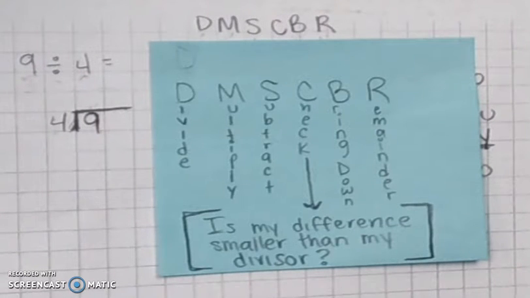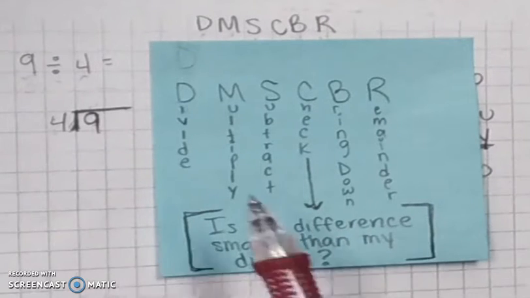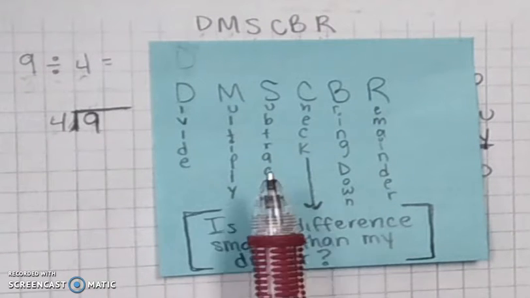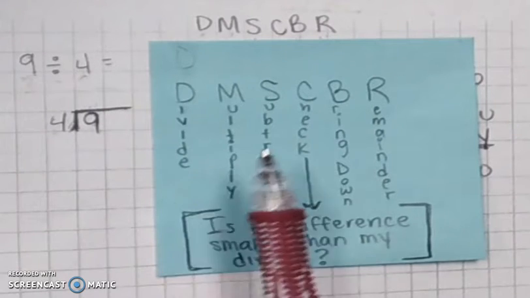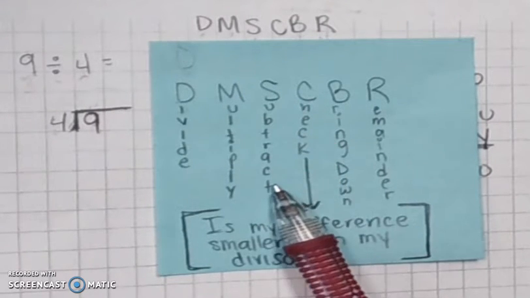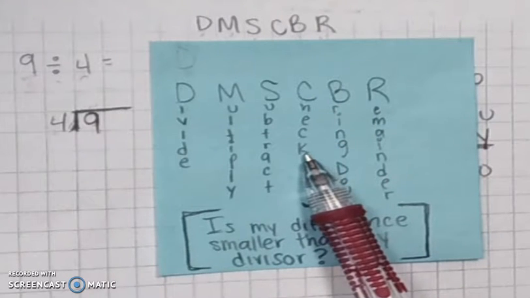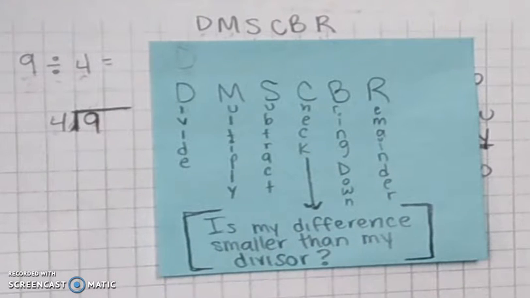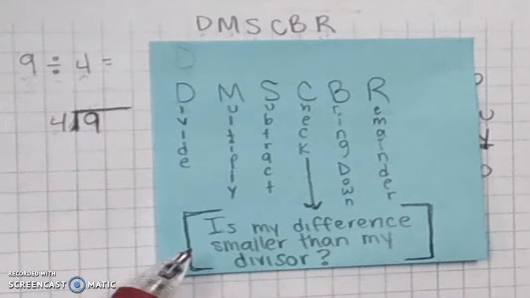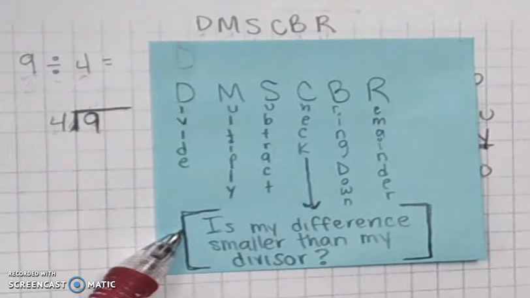Alright, so here are the steps written out. I'm going to explain the steps one more time, and you're going to have to pause the video to write these down. First, you're going to divide, then multiply, then you're going to subtract, and then you're going to check. And when you're checking, you need to ask yourself a very important question, which is down here. You need to ask yourself, is my difference smaller than my divisor?